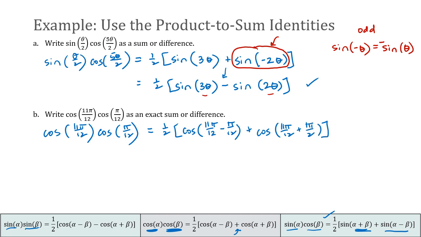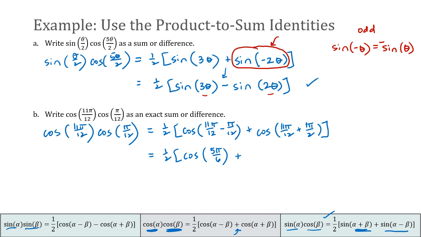Okay, so what does that equal? Well, let's see here. 11 pi over 12 minus 1 pi over 12 is 10 pi over 12, which reduces to 5 pi over 6. Aha, I like that because that's an angle that I do know. That's one of my special angles, so I know the cosine of it.